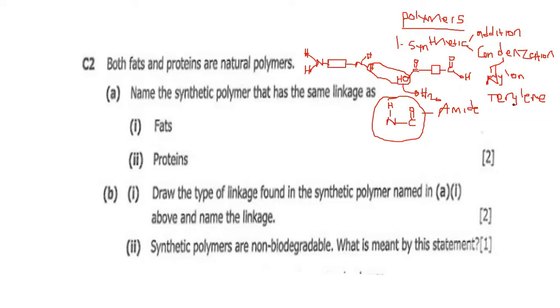Then for terylene, this one has what we call a diol. A diol will just look like that, HO, then we have a carbon chain and another hydroxyl there. Then also a dicarboxylic acid. So we have to master these things. These are the monomers.